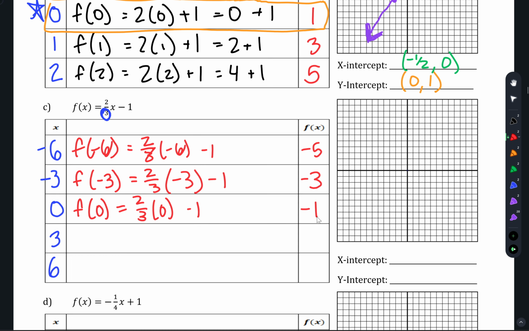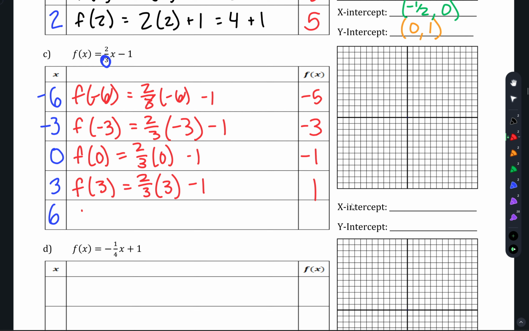That's -1. 2/3 times 3 is 2, minus 1. That's 1. 2/3 times 6 is 4, minus 1. That's 3.